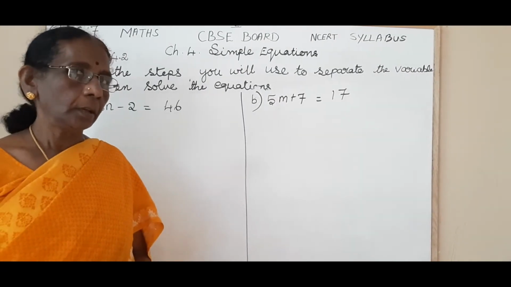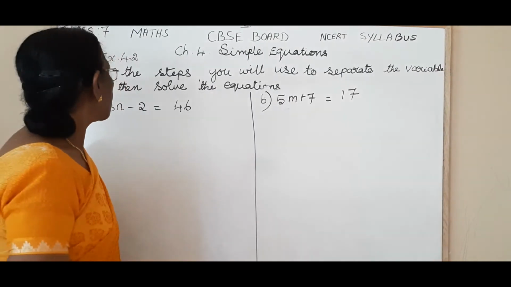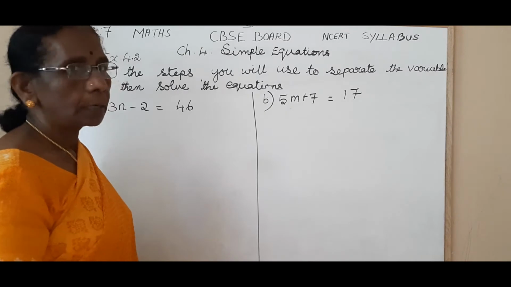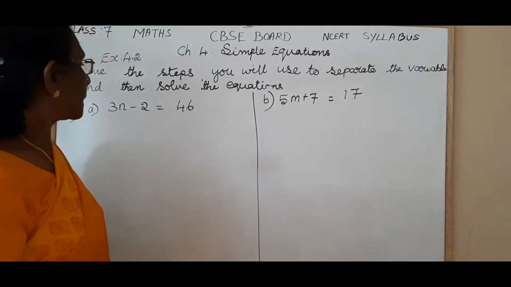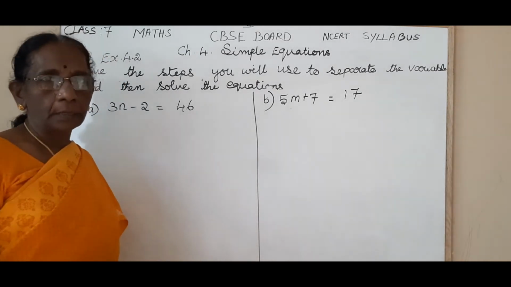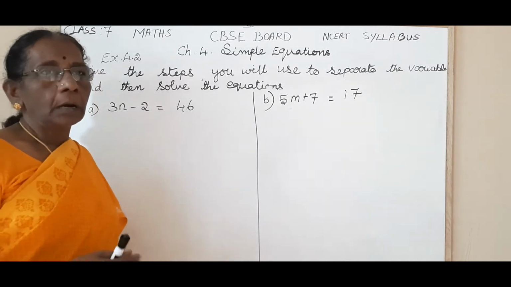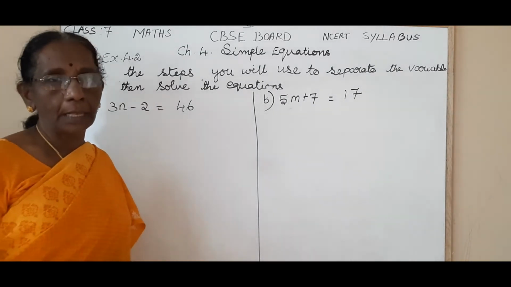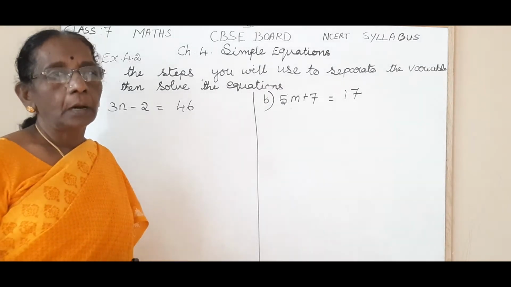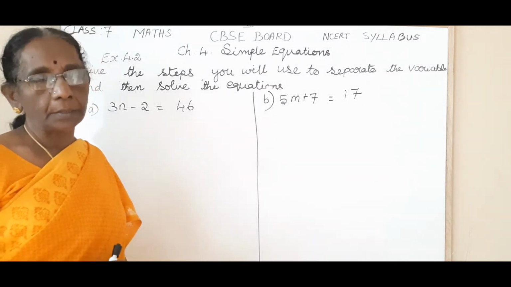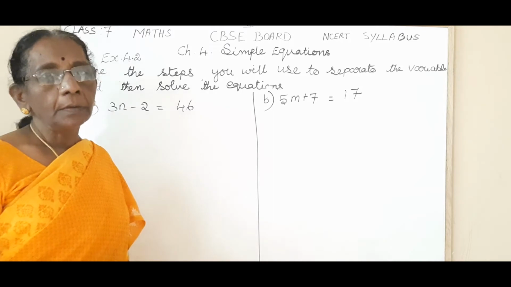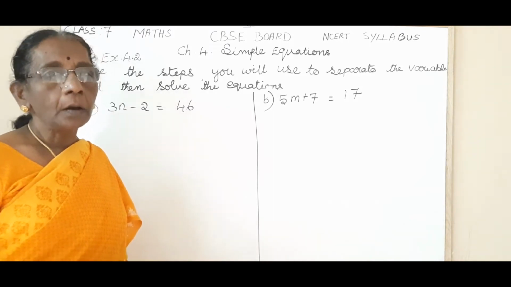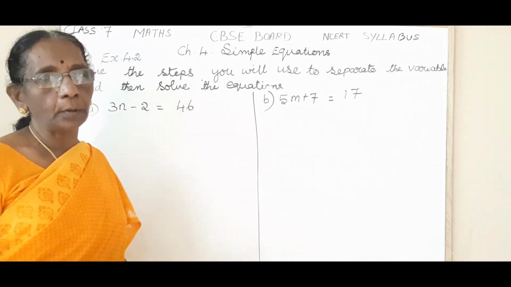In this session, we are going to continue the same exercise 4.2, sum number 3. In the first sum, we eliminated the variable with addition or subtraction. In the second sum, we eliminated the variable with what operation?